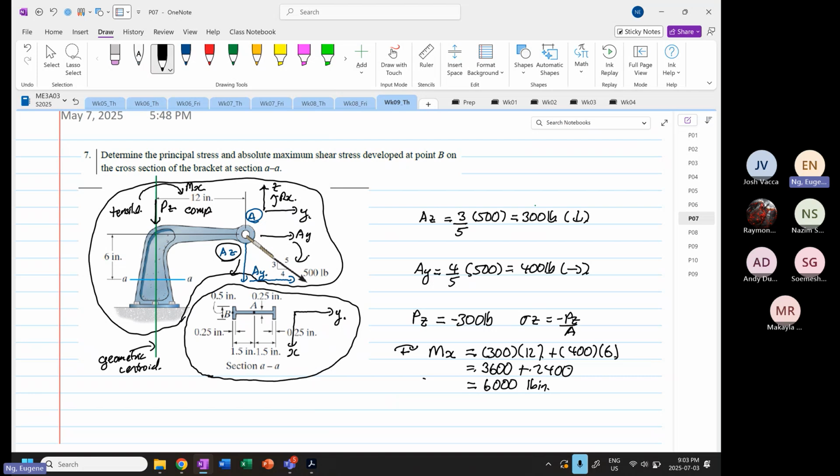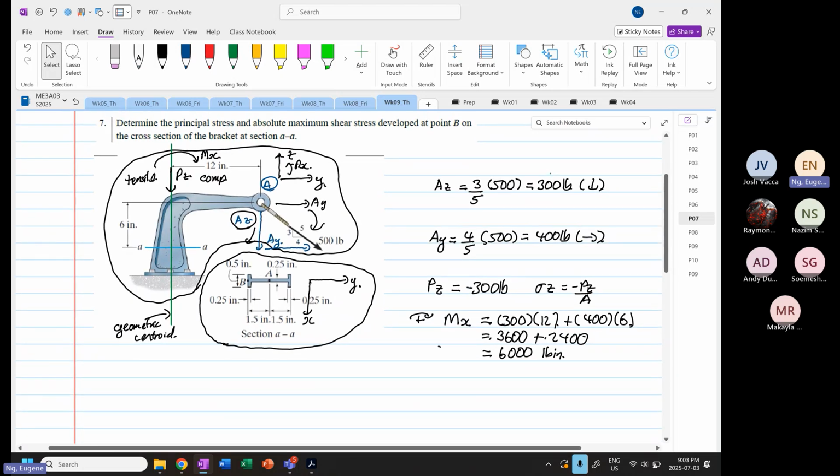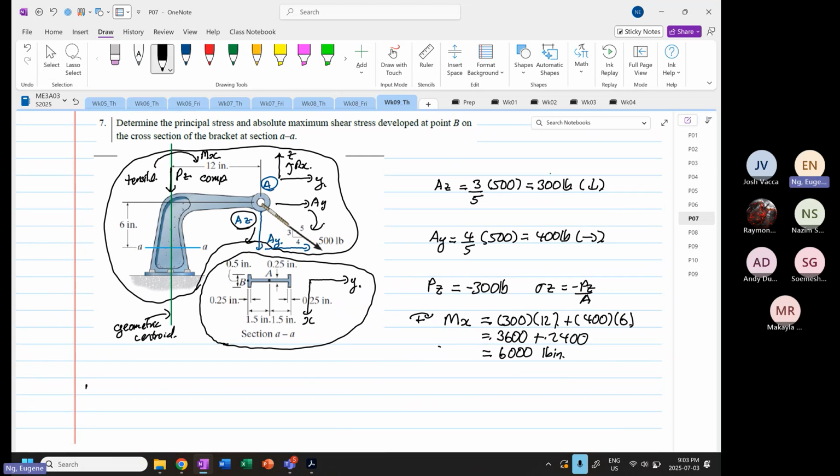We know that this only has one axis. So the general formula to apply is stress Z is equal to PZ over A, plus or minus MX over IXX multiplied by Y. MX is the rotation, so IXX, with Y parallel.